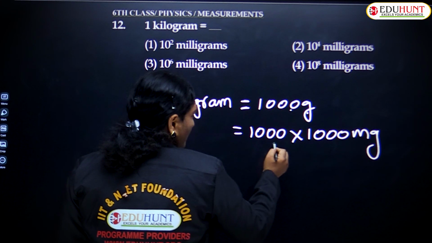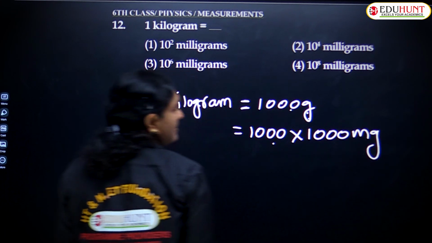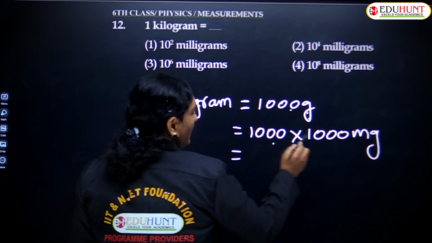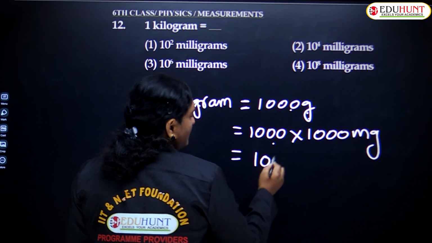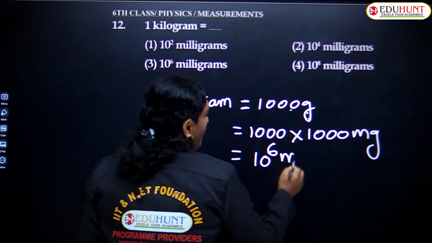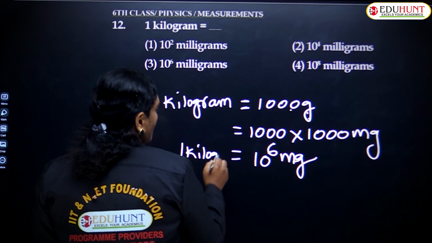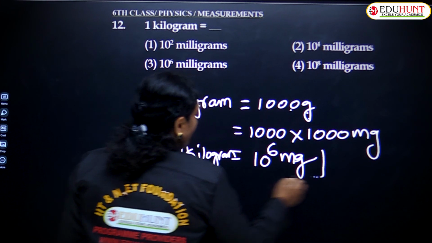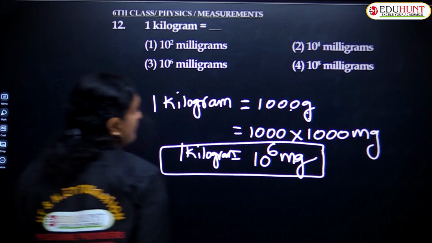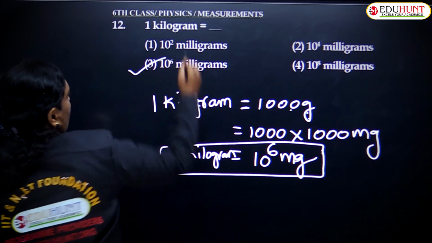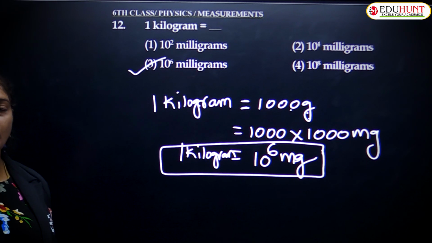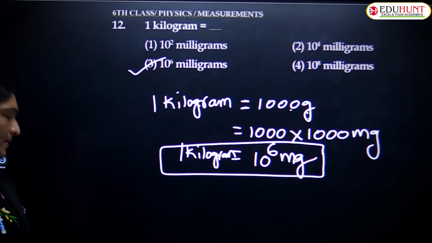This 1000 I wrote here. Instead of gram, I wrote again 1000 milligram. 3 and 3, totally how many zeros? 6 zeros. So 10 power 6 milligram. So 1 kilogram is equal to 10 power 6 milligram. Where is the answer? Here goes your answer. Hope you understand.